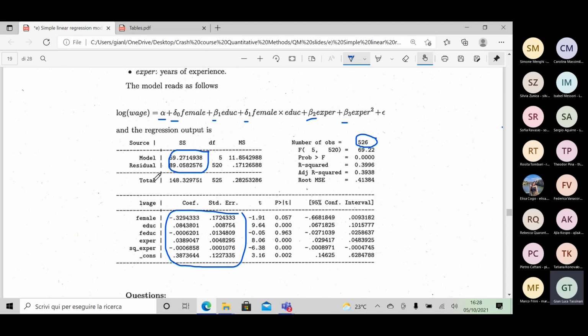And total is TSS, the total sum of squares, which is the deviance of y. Y is this variable, the logarithm of the wage. Is it necessary to have this data? No, it's not necessary, because remember, total sum of squares is residual sum of squares plus explained sum of squares. If you add this plus this, you get this one.